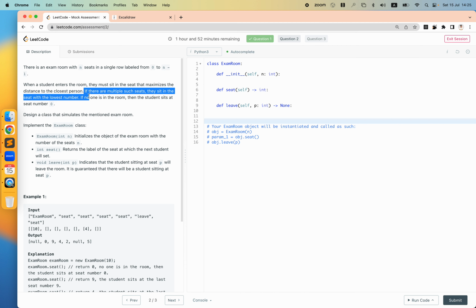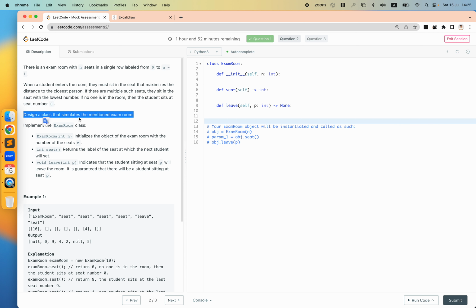If there are multiple such seats, they sit in the seat with the lowest number. If no one is in the room, then the student sits at 0.